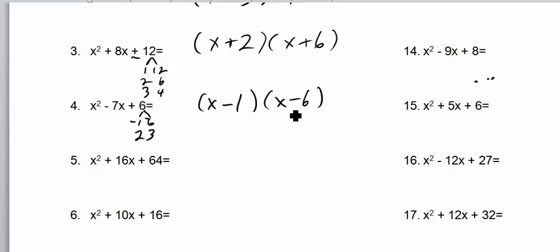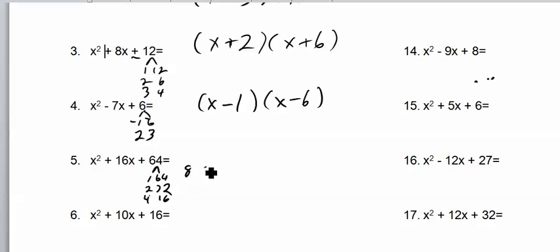On this one, factors of 64 that when we add them equal 16. I may run out of room here, so let's see. 1 and 64, 2 and 32, 3 doesn't go into it, 4 goes into it 16 times, 5 doesn't go into it, 6 doesn't go into it, 7, 8.